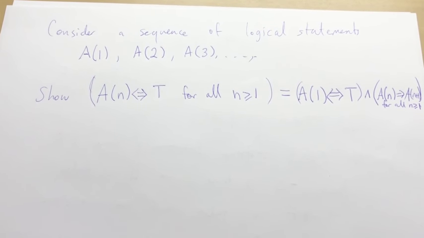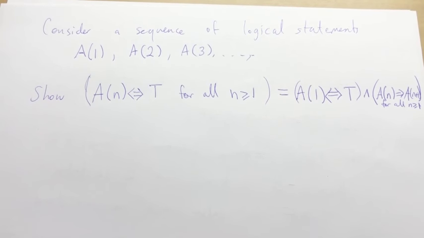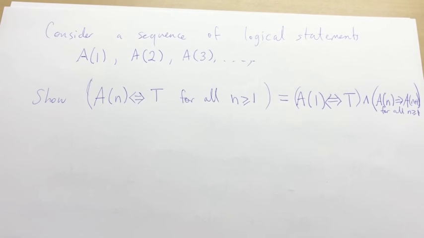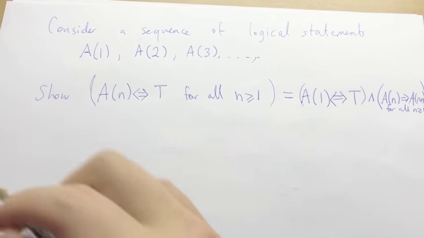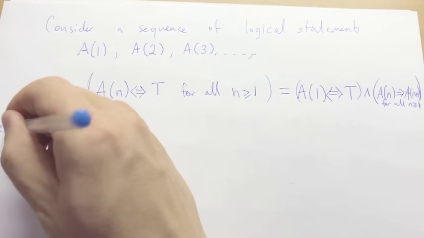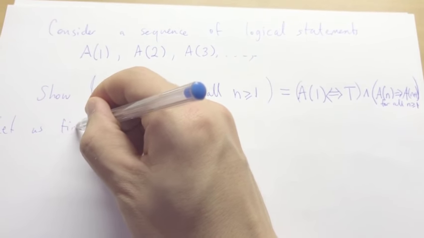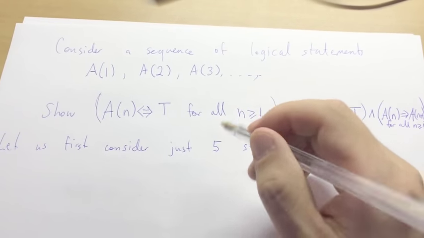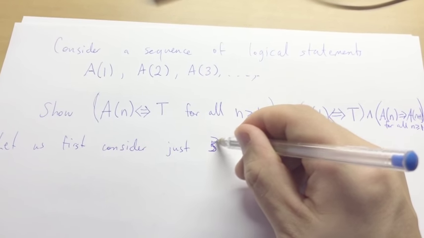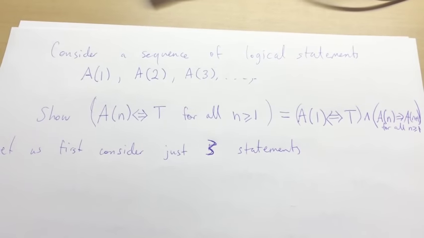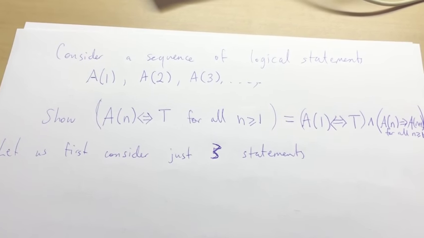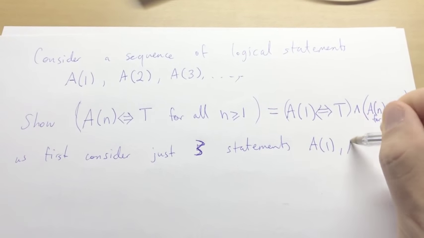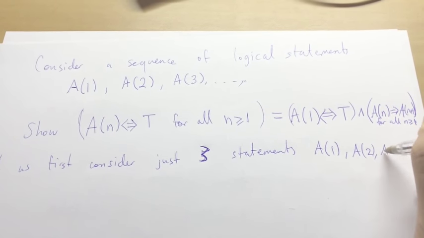So maybe to make this simpler, instead of considering an infinite sequence of logical statements, we can consider a finite sequence. Consider just 3 statements. That's even simpler still. Then we can move to 5 when we get to it. So 3 statements, A1, A2, A3.